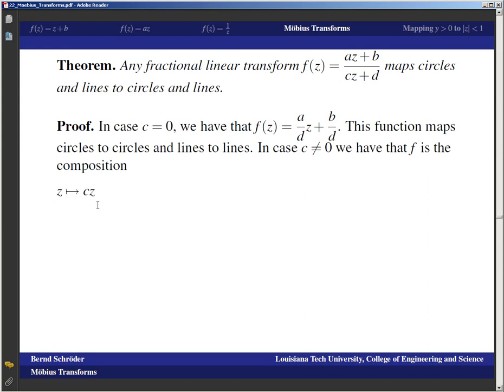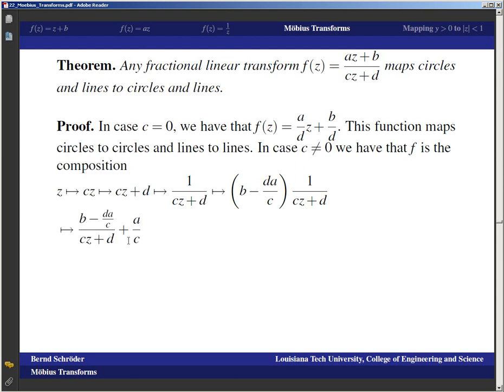We first map z to cz, which means we apply this function. We map cz to cz plus d, which means we apply this function. We map cz plus d to 1 over cz plus d, which means we apply this function. We map 1 over cz plus d to (b minus da over c) times 1 over cz plus d, which means we apply this function.